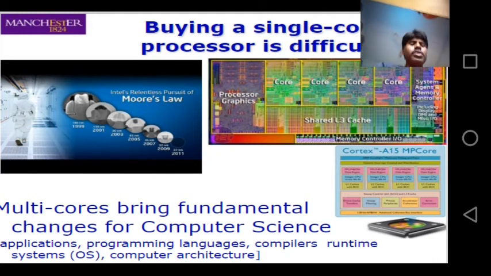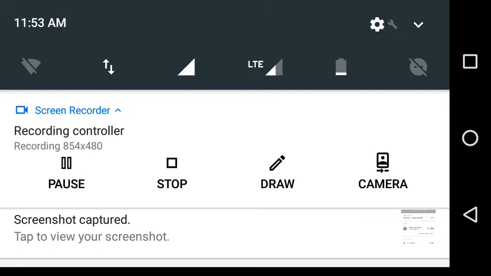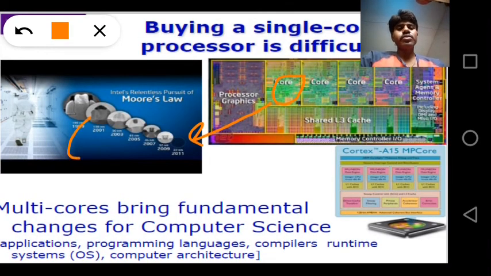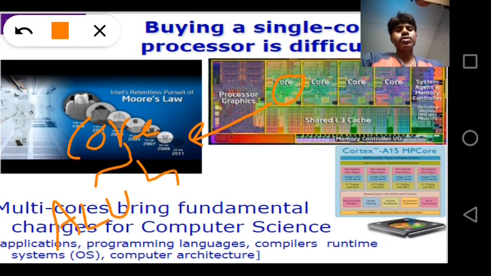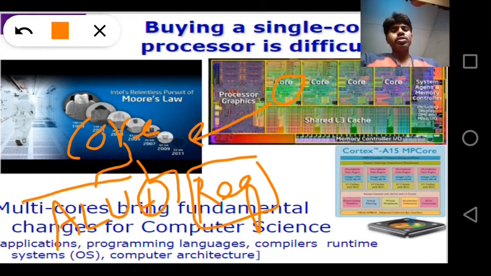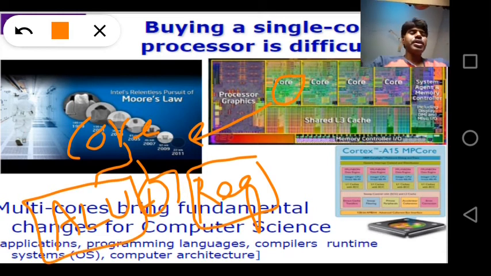So in this case, the core has an ALU and registers. What this ALU and registers do, you know very well.